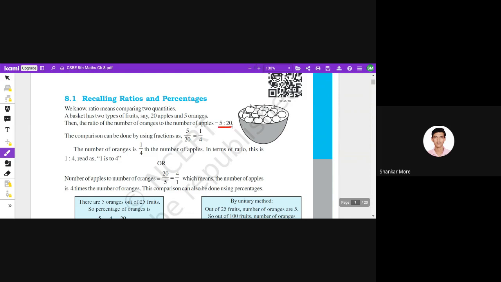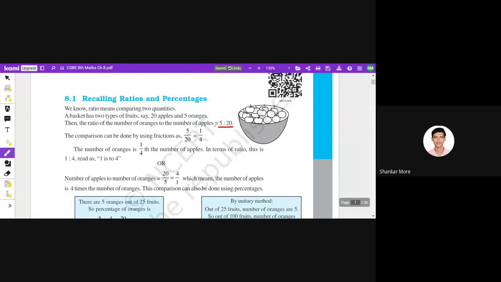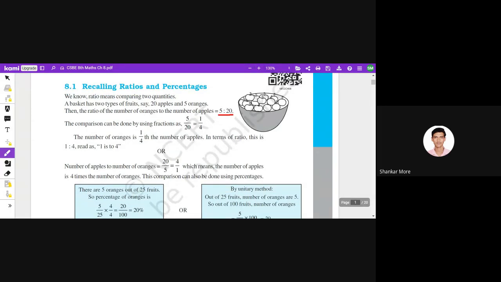So 5 oranges are there, 20 apples are there. The comparison can be done by using fractions as well. So we can write it as 5 by 20, which is also equal to 1 by 4. The number of oranges is 1/4 of the number of apples in terms of ratio. This is 1 is to 4, and it is read as 1 is to 4.